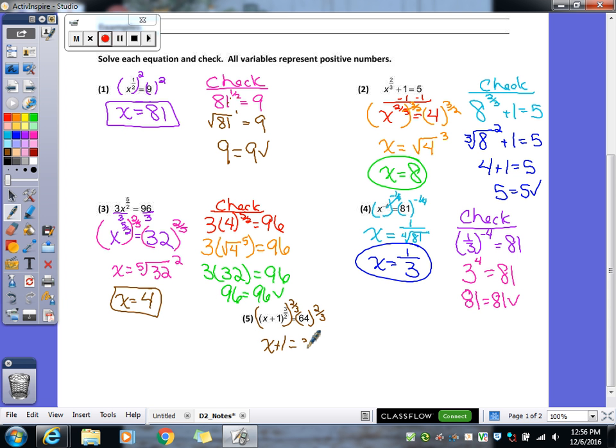On the right side, we got to find the 3rd root of 64 and square it. So what is the 3rd root of 64? 4. And then 4 squared is 16. So what does x equal? 15.